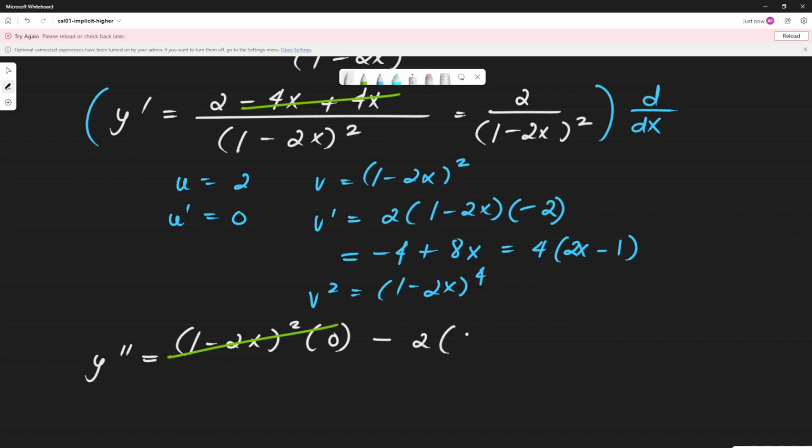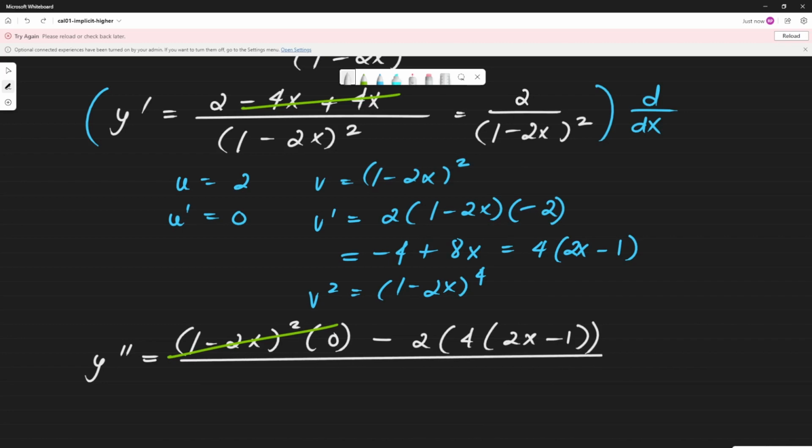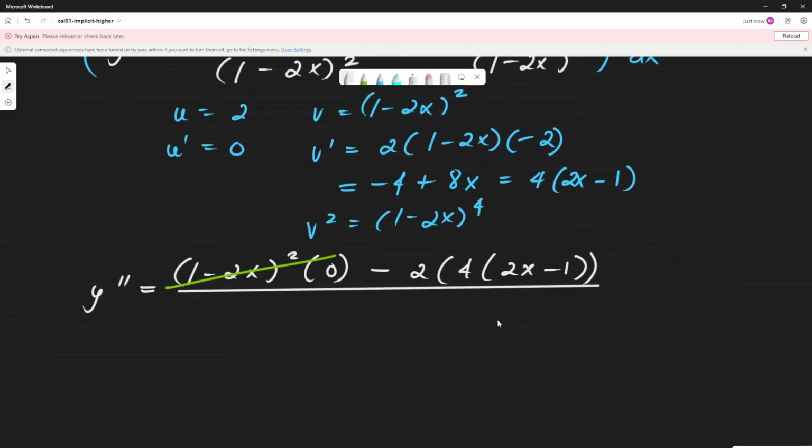Our v prime is 4 times 2x minus 1. Okay? Ayan. Then, divided by yung ating v squared. So, we have 1 minus 2x quantity raised to 4.